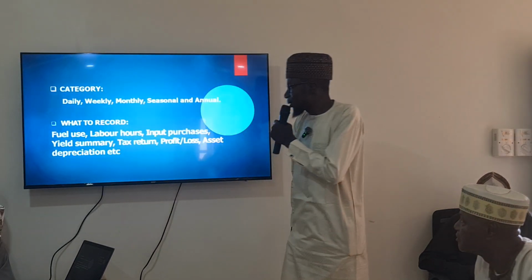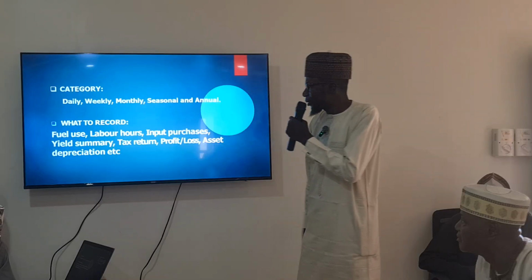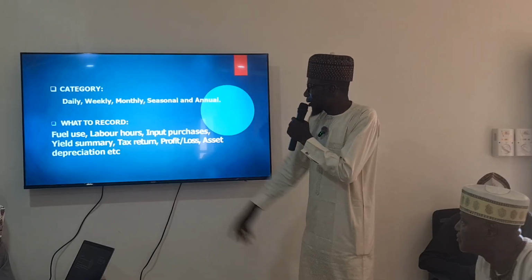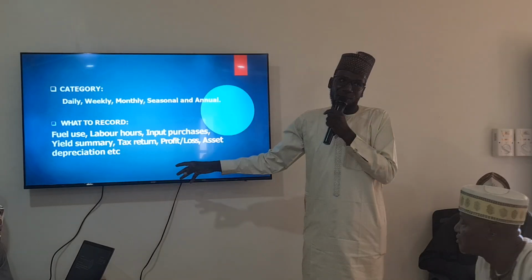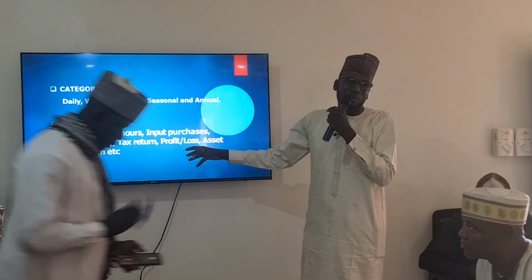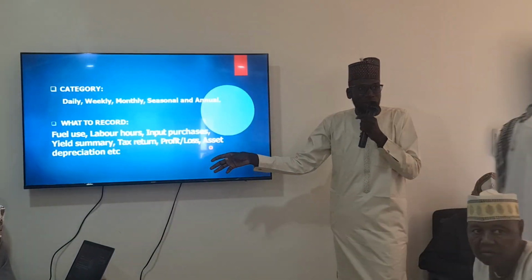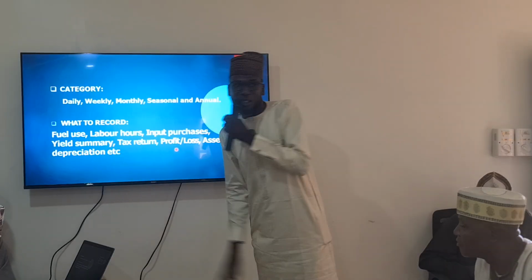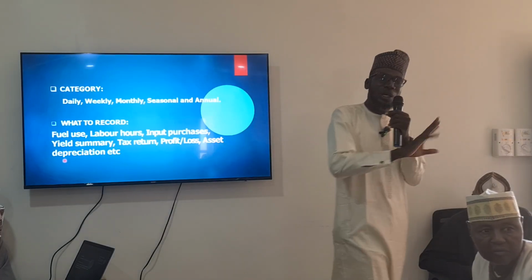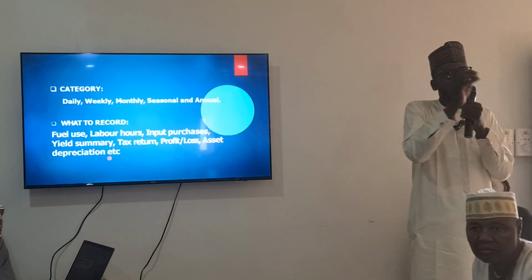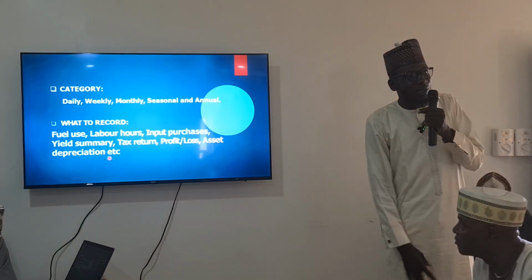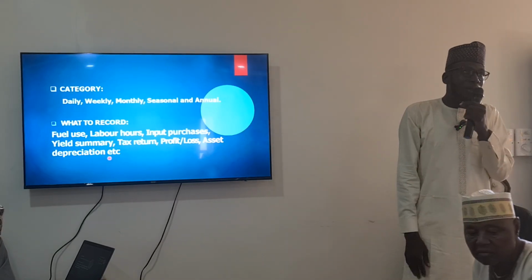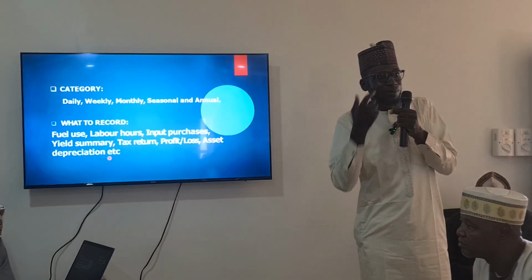Yield summary, tax return, if you pay tax, profit and loss. Then asset depreciation. Whatever you have, you need to record it. Even if it is loss on storage, loss on transportation, loss of insects.